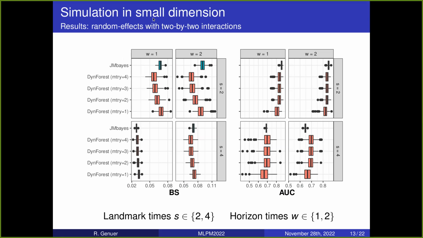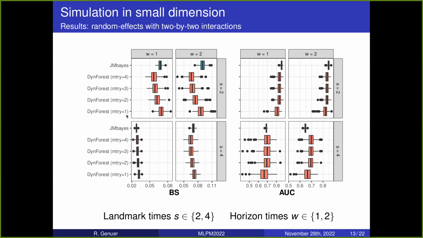And in this small dimensional context, we can actually apply JMbayes, for example, which is an implementation of joint modeling, and compare the performance with our approach, which is denoted by DynForest.